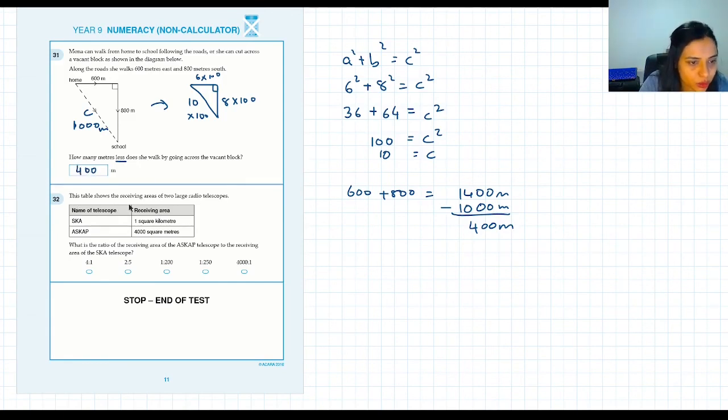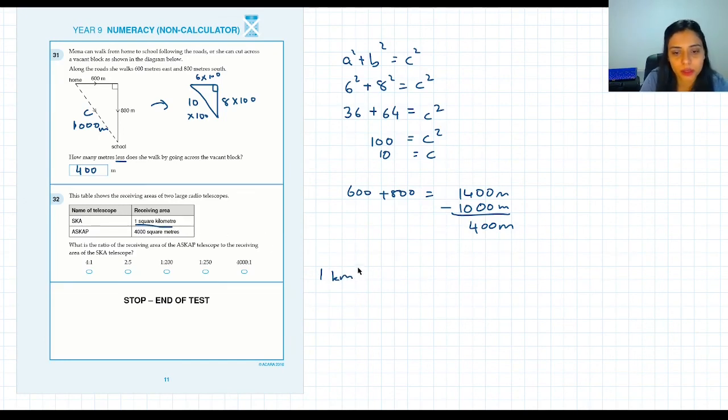This table shows the receiving areas of 2 large radio telescopes. What is the ratio of the receiving area of the ASCAP telescope to the receiving area of the SCA telescope? Alright, so again, we know that this is 1 square kilometer.